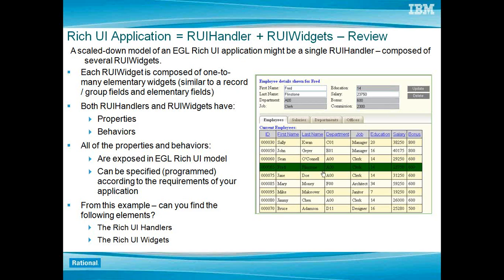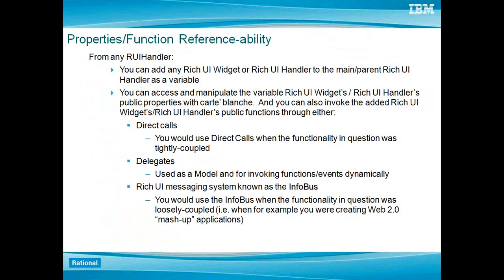In the behaviors, we have different types of events like on click, on mouse hovering, focus gain, focus lost, and some other events. So each rich UI handler and widget has both properties and behaviors.